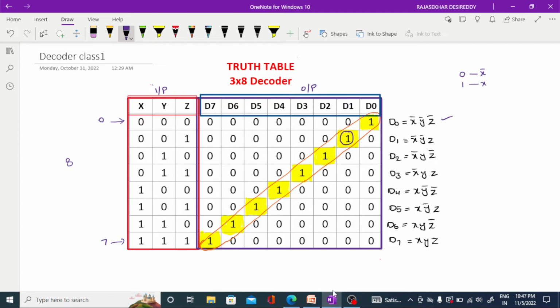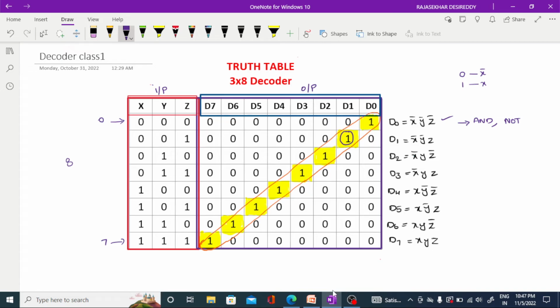And if you see the D0 expression, it is multiplication. The multiplication means an AND gate is required. So one AND gate is required for the multiplication of these three inputs X, Y, Z, and to represent X and X bar we require one NOT gate.